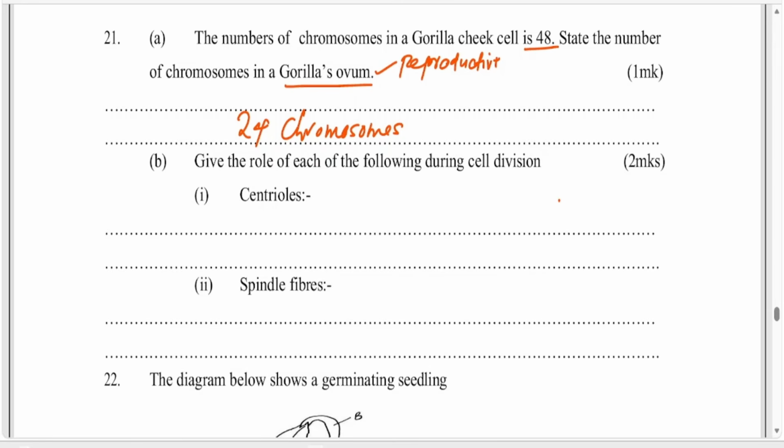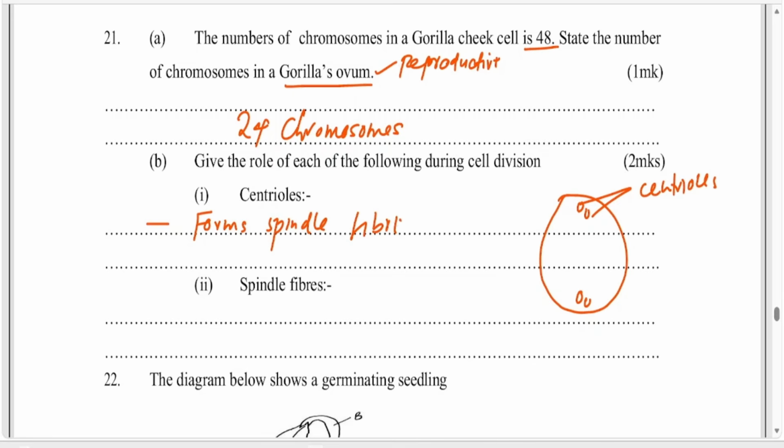Centrioles. During cell division, we are able to identify the position of the centrioles. The work of the centrioles is to form spindle fibers. So they are involved in the process of spindle fiber formation.